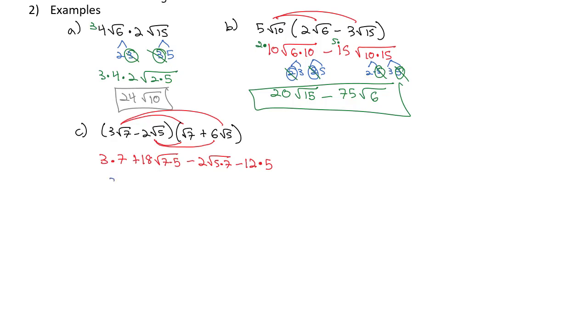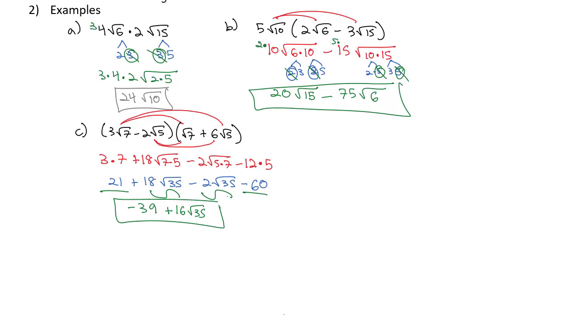Doing a little simplifying, 3 times 7 is 21, plus 18 root 35, because that's not going to factor anymore, minus 2 root 35, minus 12 times 5 is 60. 21 minus 60 is negative 39, and 18 root 35 minus 2 root 35 is a positive 16 root 35. We have our solution.